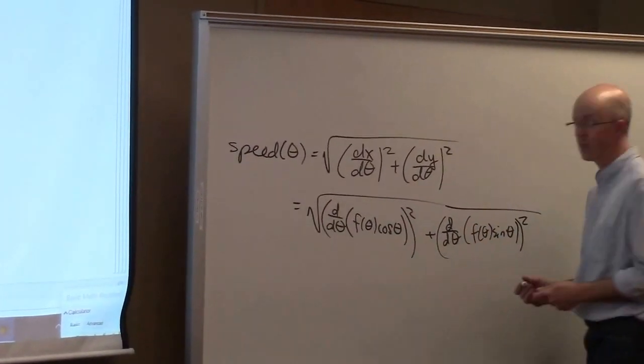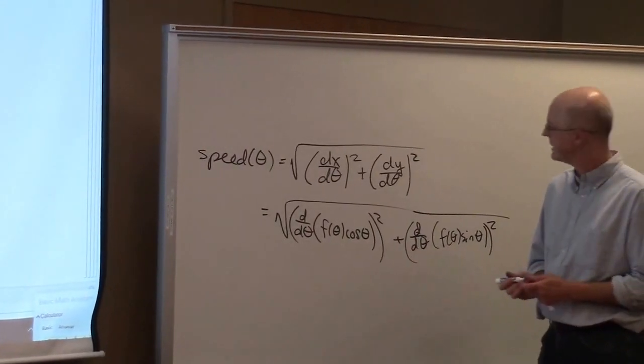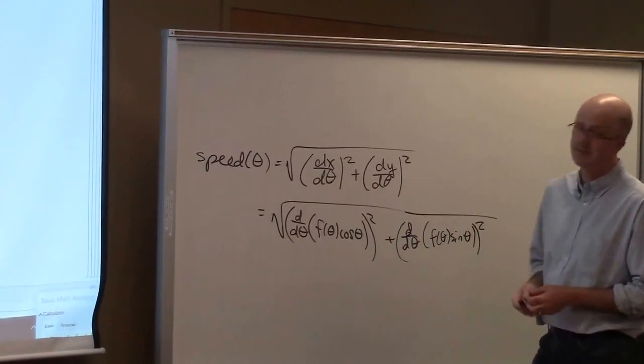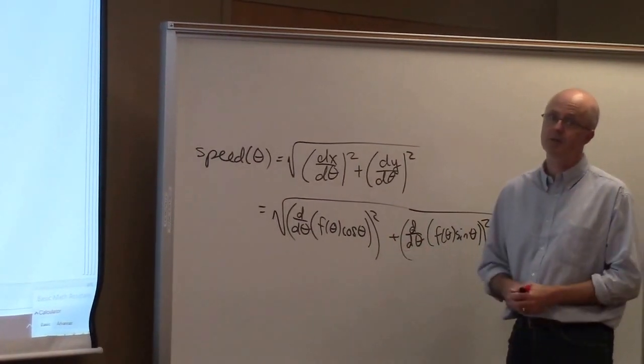That derivative's got to get squared using the product rule in each of these derivatives. So you can imagine it could conceivably be kind of messy. And then the integral could be hard to do as well.